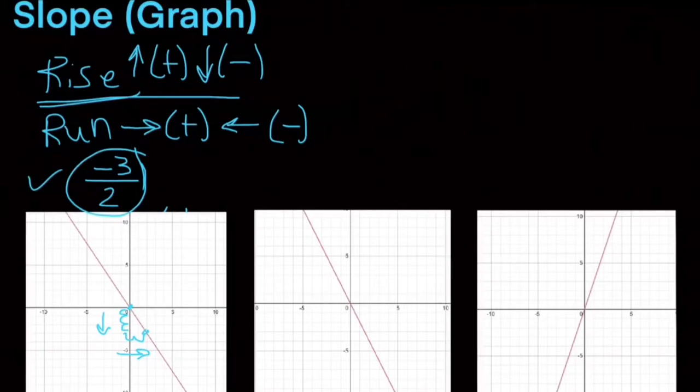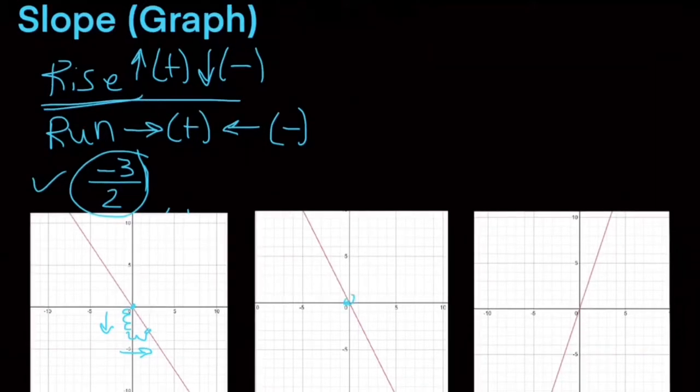Now for the second one, 1, 2, 3, 4. 4 upwards, so positive 4. And then 1, 2 to the left, so negative 2, making this slope negative 2.